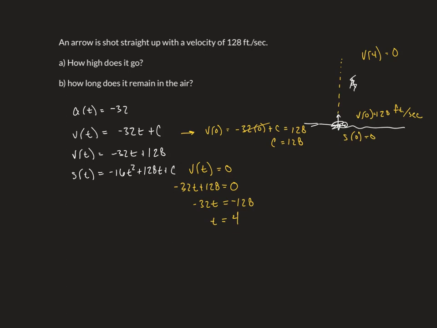So that tells us that S of 0, which would be negative 16 times 0 squared plus 128 times 0 plus c, is 0. So there is no constant.